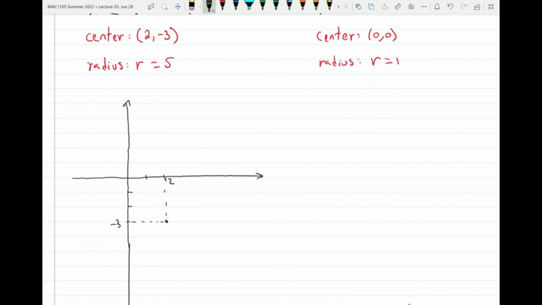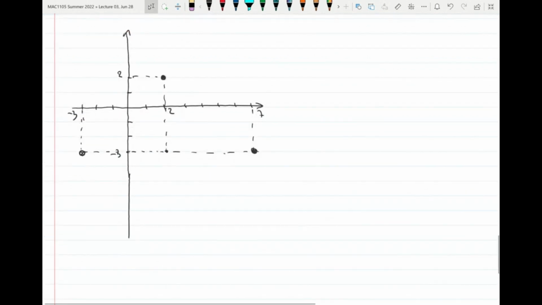Going all the way to the top 5 units, that will be 1, 2. So here is one vertex. Then going 5 units to the right, that's 3, 4, 5, 6, 7. That's another one. Then 1, 2, 3, 4, 5. That's another one. And then you go 5 down.